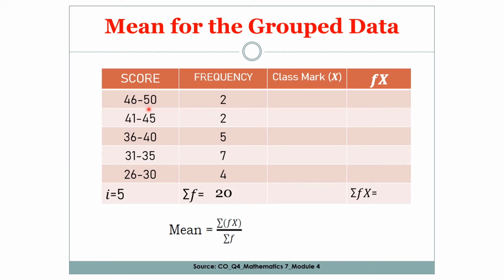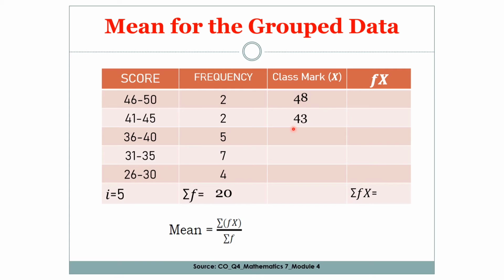The middle score is 48. So therefore, the class mark of this interval is 48. Next is 41 to 45. Let's count. 41, 42, 43, 44, 45. The middle score is 43. So the class mark therefore is 43.